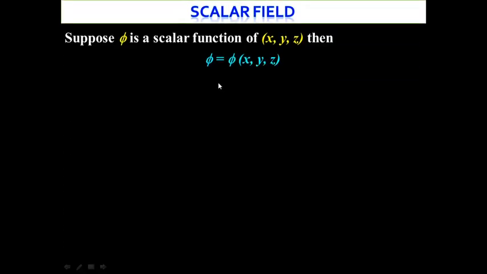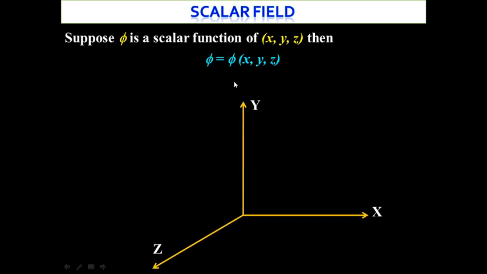So suppose phi is the scalar function of x, y, z, because scalar quantity is inside the space, so the space coordinates are x, y, z. So phi can be written as phi equals phi(x, y, z), and these x, y, z are space coordinates.